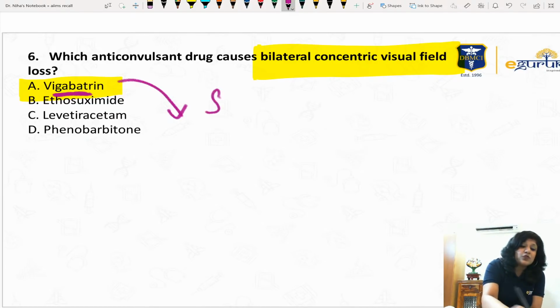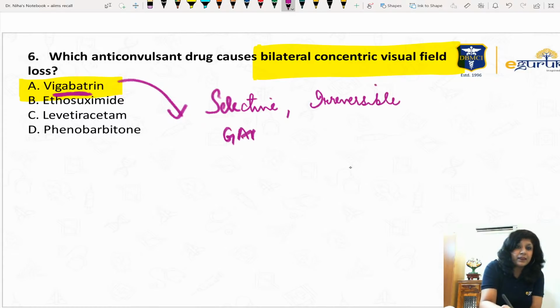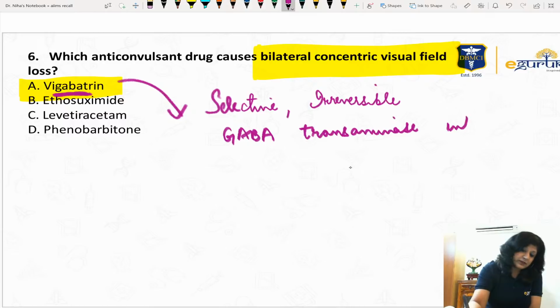So this is actually a selective and irreversible GABA transaminase inhibitor.